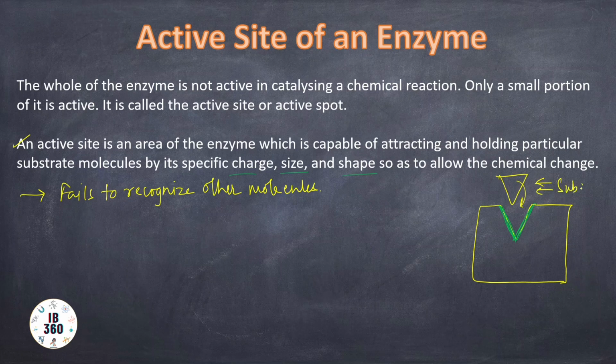Suppose this is another molecule which is nearby, it will not recognize it because this spherical substrate wouldn't fit into it. So it will not recognize this one, rather it will recognize its own substrate that will fit inside it. So it is highly specific.